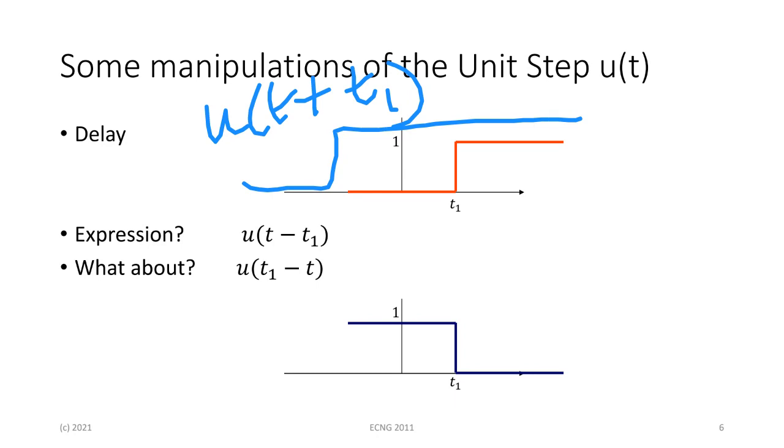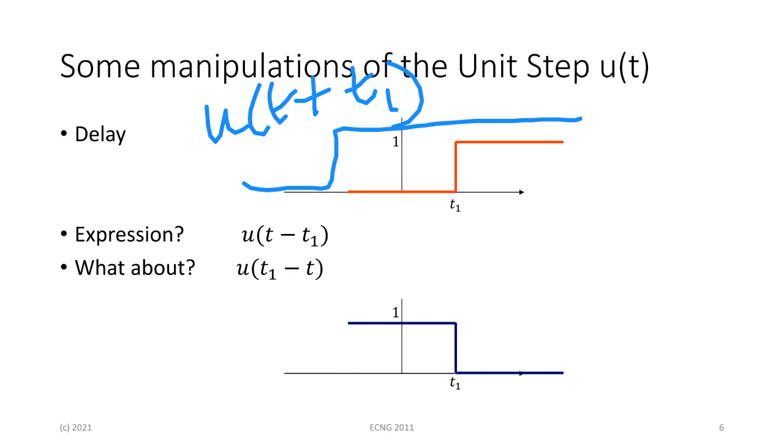So what have I done? This is a time reversal. We just spoke about that. I've replaced the t by minus t. So now what I've done is to reverse the signal around the t equal to 0 axis. So instead of it being 0 before t1 and 1 after t1, it is now 1 before t1 and 0 after t1.